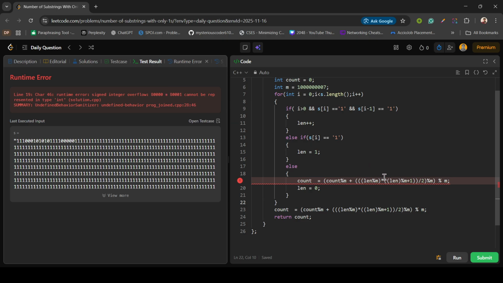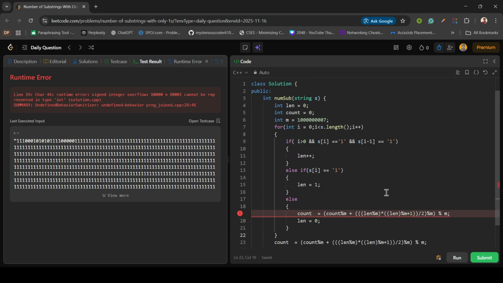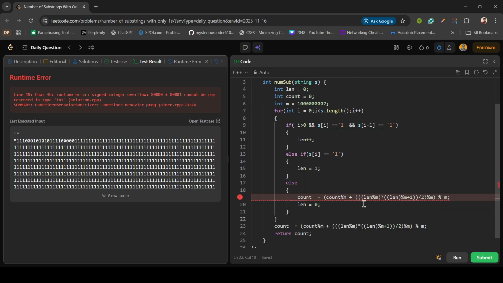This also will not work because we are multiplying this with this. So again, we have to take percentage m, or you can write this in long, but let's take it in percentage m only.